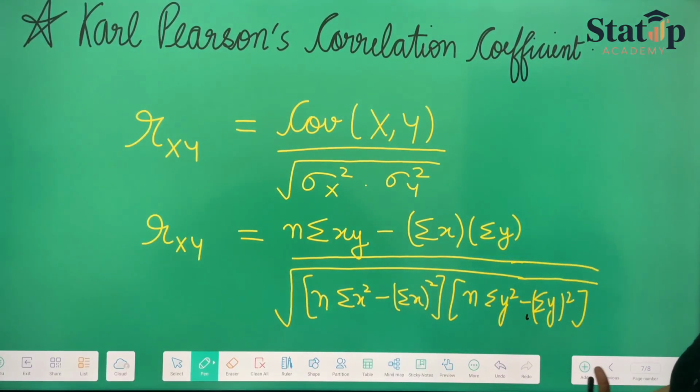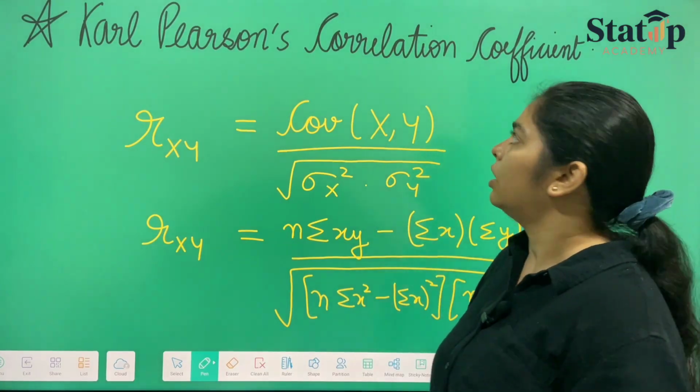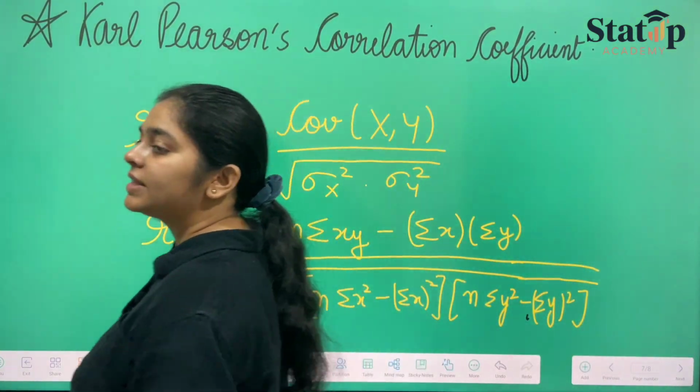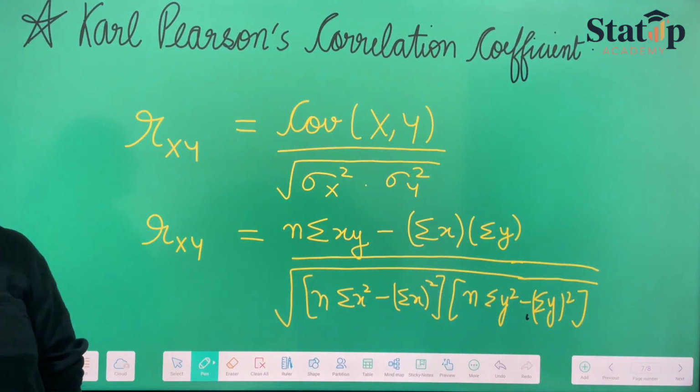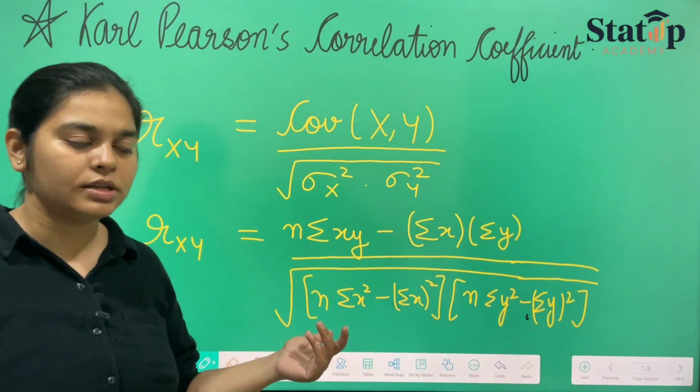This is our second denotation of Karl Pearson's correlation coefficient. The second one has been least asked in the examination. The first one has been mostly asked.